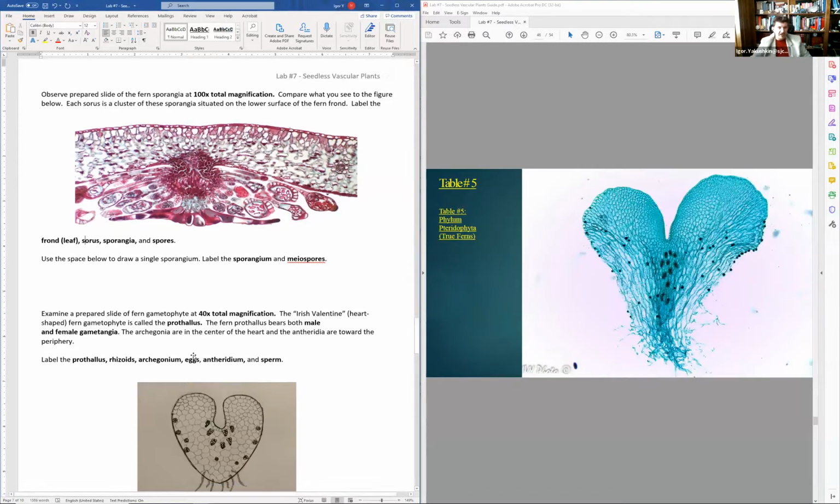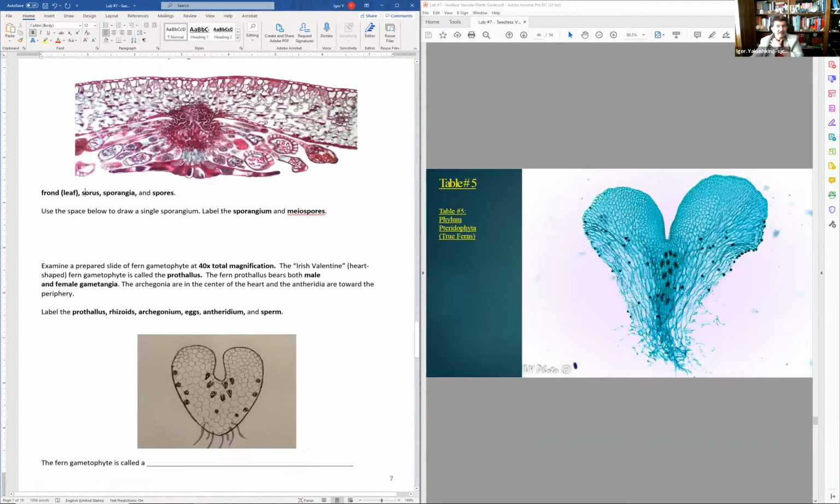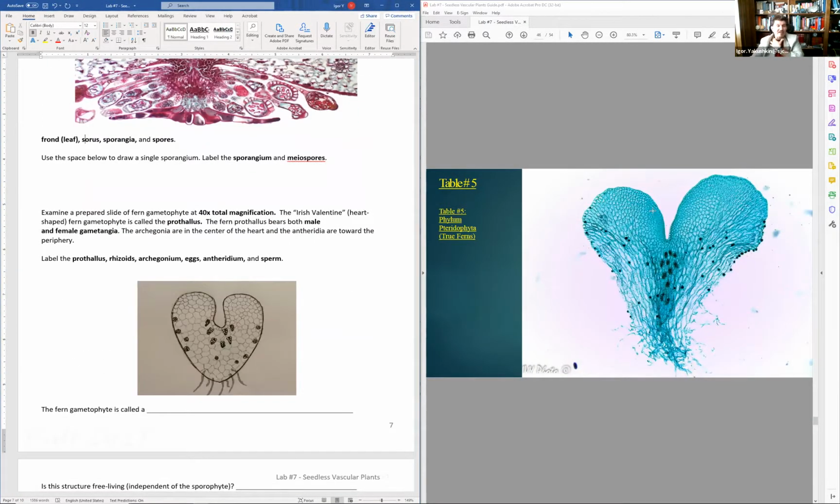Now we're looking at the Irish Valentine. Now we're looking at the gametophyte. The gametophyte looks like a heart shape. In the middle part, you will see the archegonia, larger structures, because they contain a large cell known as the egg.